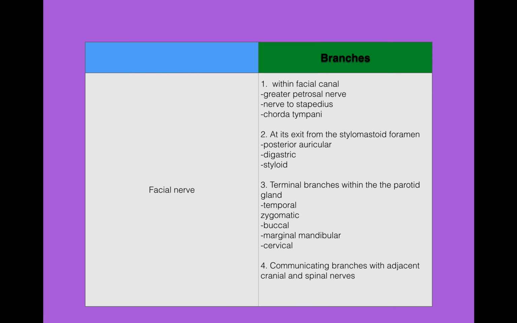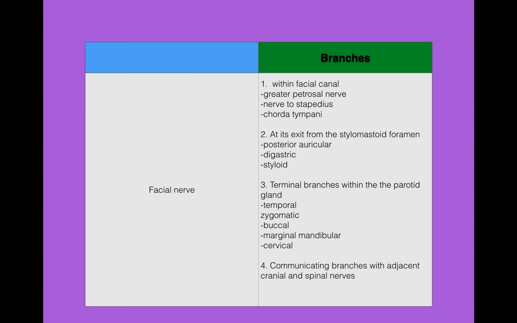So now we will have a look at the branches of the facial nerve. So within the facial canal, it gives off the greater petrosal nerve, the nerve to stapedius and the chorda tympani branches. And then as it exits through the stylomastoid foramen, it gives off the posterior auricular nerve, the nerve to the digastric muscle and the stylohyoid branches.